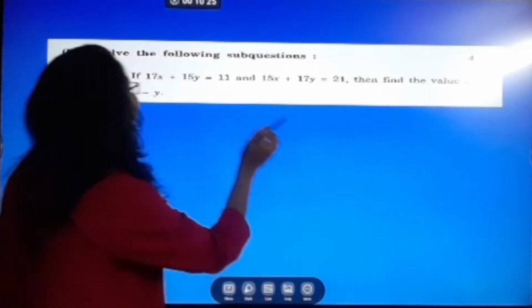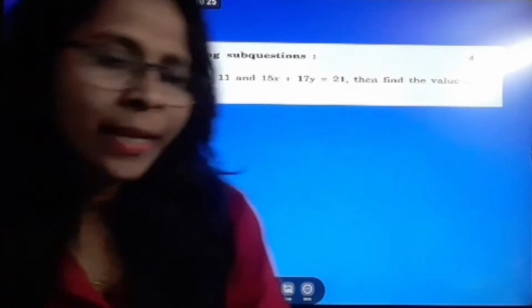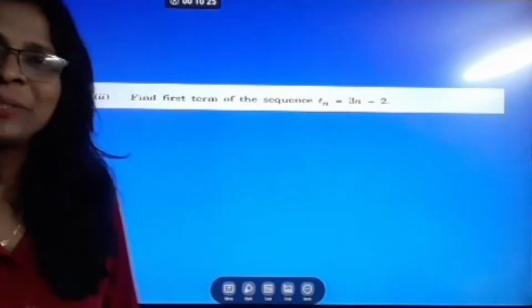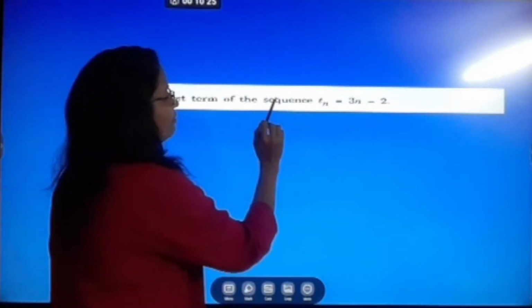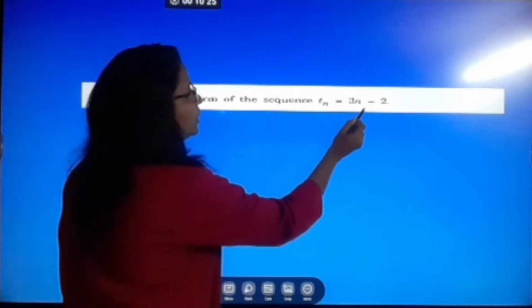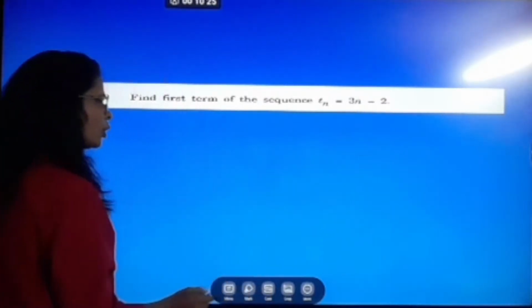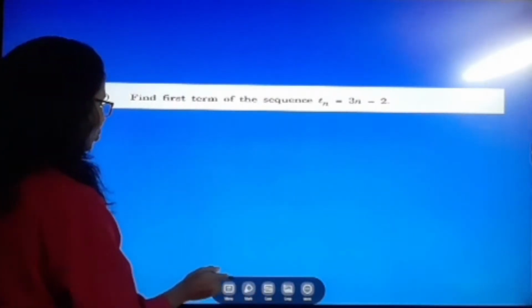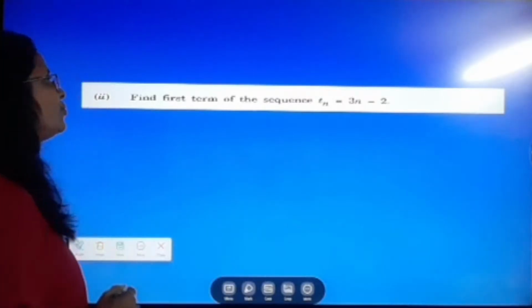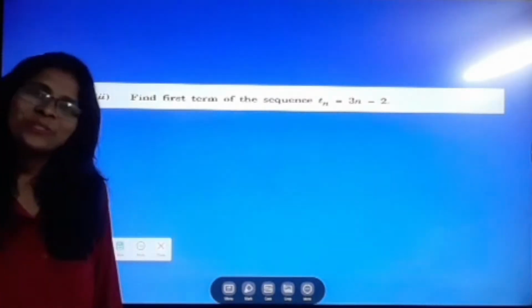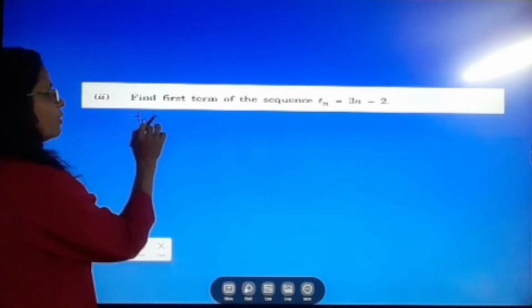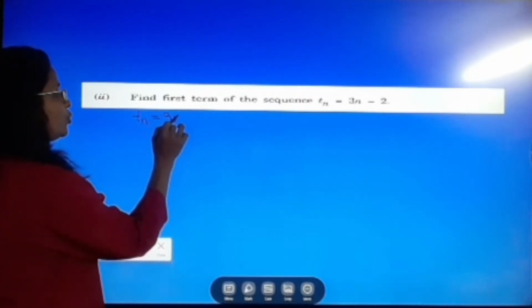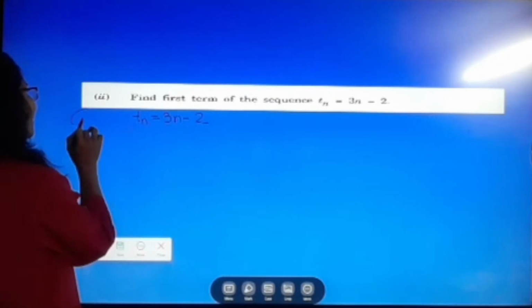Then the next question, the second question. Okay students, now find the first term of the sequence tn is equal to 3n minus 2. So let us start to solve this. First we write tn is equal to 3n minus 2, that is the given.